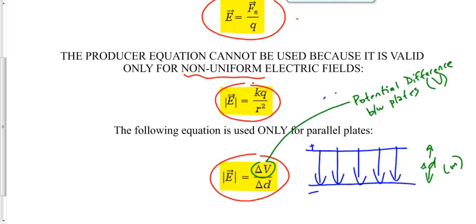What that really means, at least the essence of what it really means, is the difference in energy per charge, or per coulomb, between the two plates. So we could say that you climb a hill.